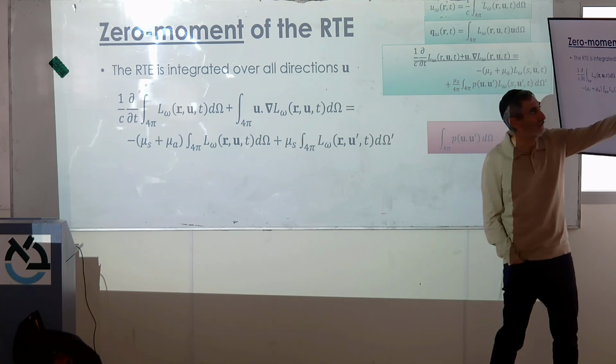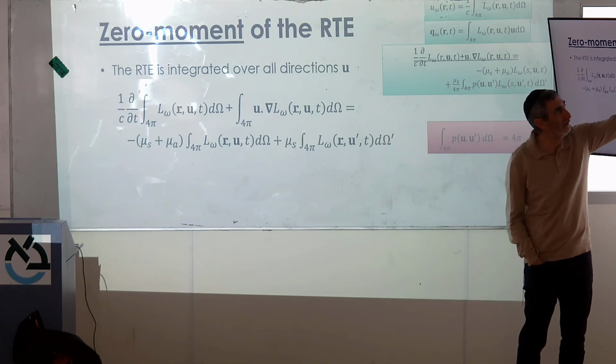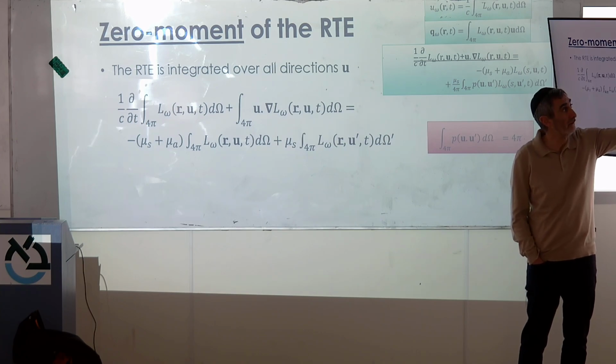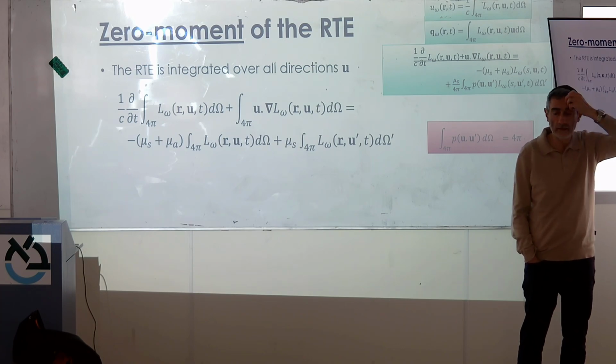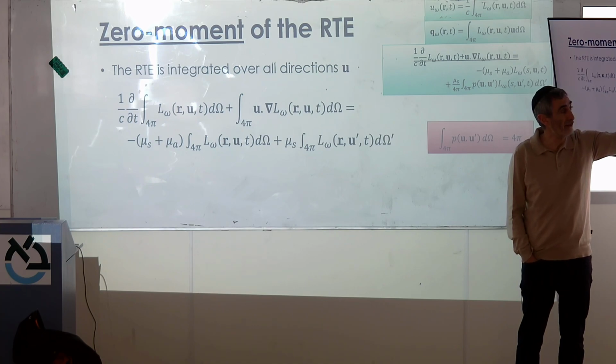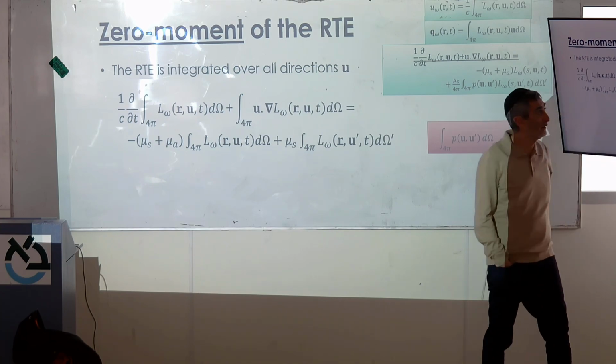Okay, you take the integral over all possible u. Then you can permute the integral, so it's going to be the integral over all u of p(u, u') dΩ. By normalization, this is 4π, not 1, it's 4π.